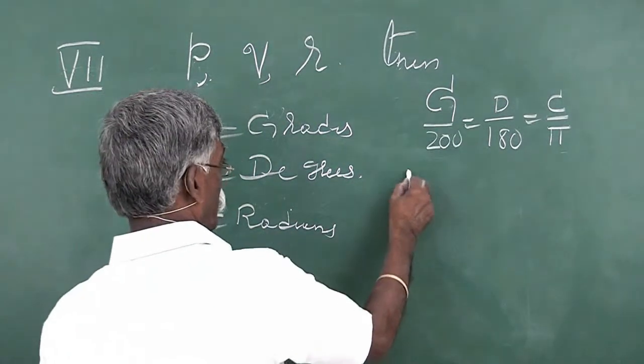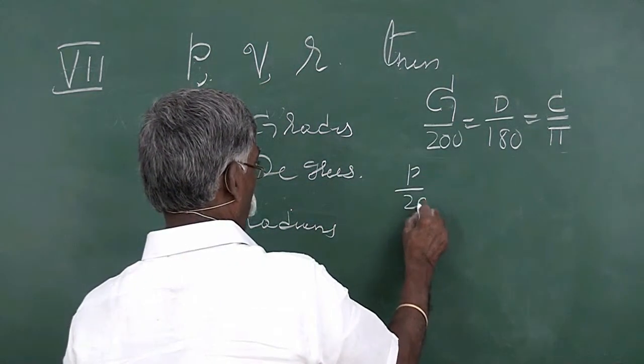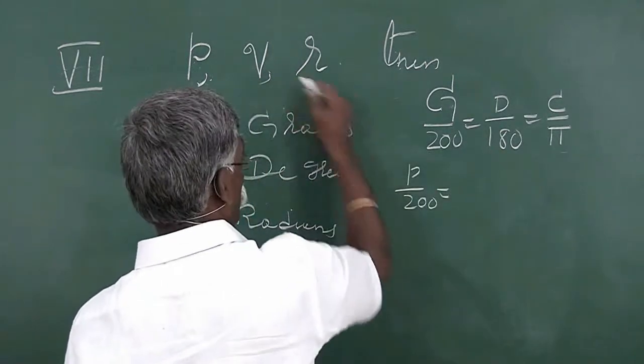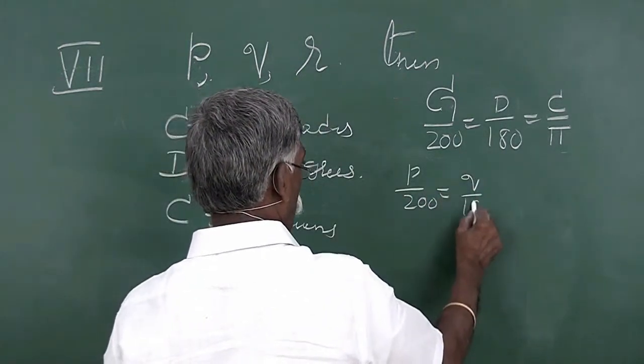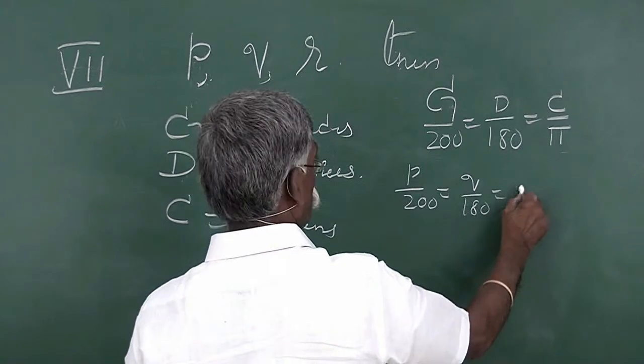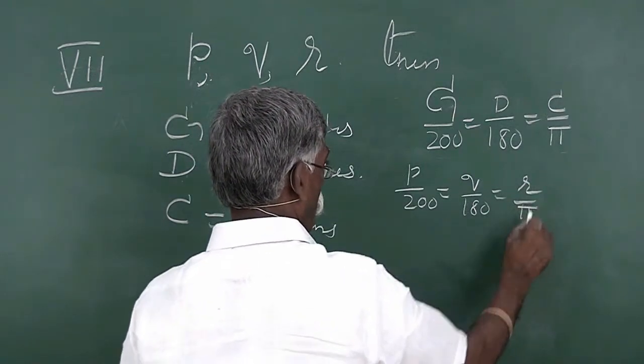Now this G is given as P by 200, and D is given as Q by 180, and this is R by pi.